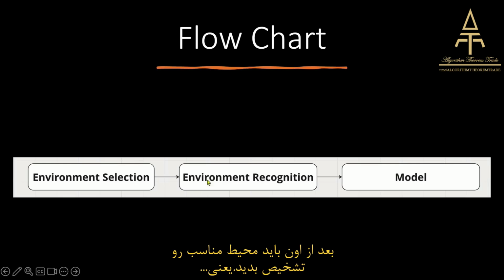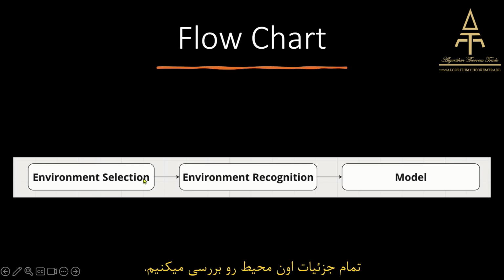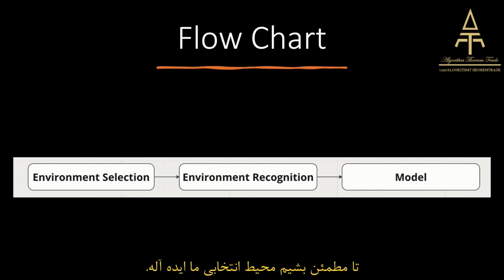Secondly, we're going to take a look at environment recognition, meaning once we have determined the environment, we look inside of this environment for other specific things to occur, to confirm whether or not the environment that we have chosen in the first place is highly probable.